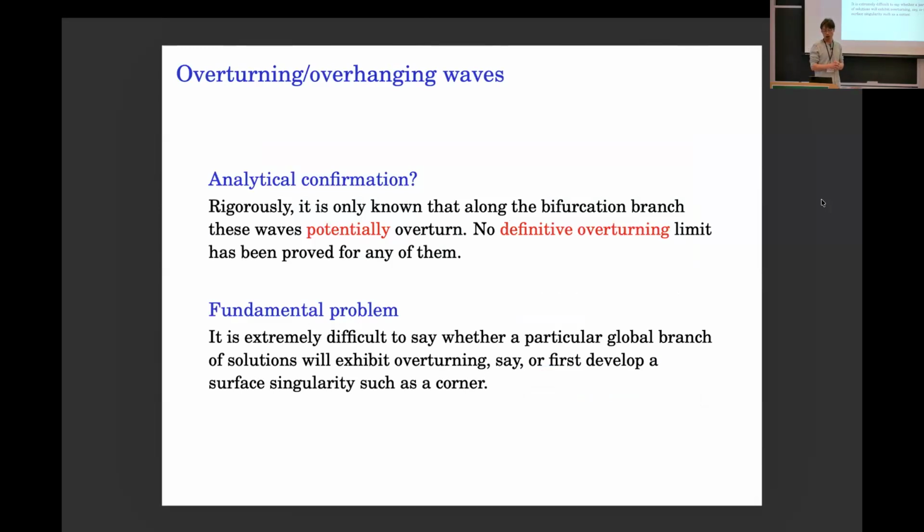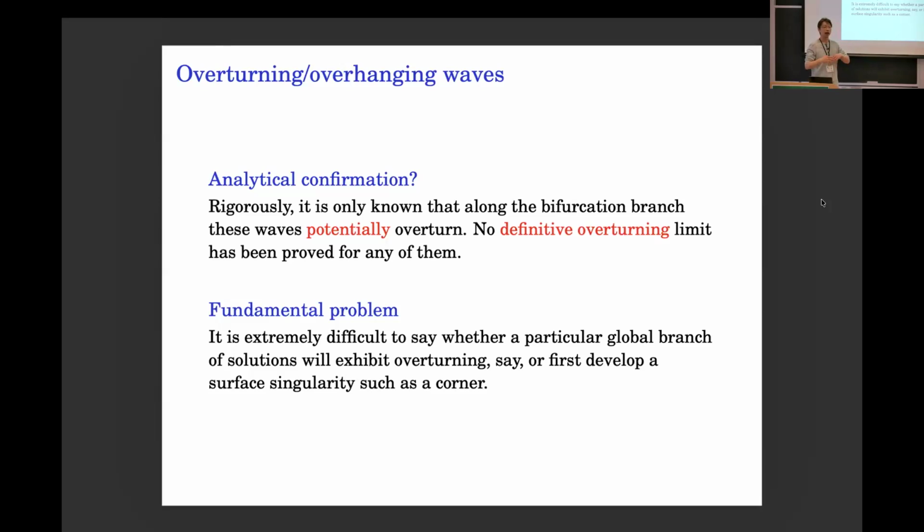So the tool that we are taking is global bifurcation, but there is one common downside of global bifurcation. Although it's very powerful in constructing waves away from the perturbative region, if you want to decide what happens at the end of the bifurcation, you always have multiple possibilities.